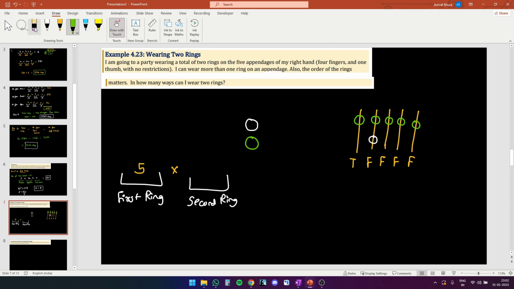Or can I say that this can be interchanged, right? White can be on the top and green can be after white, right? So can I say in total I will be having 6 choices, 1, 2, 3, 4, 5 and 6. So 5 times 6 is going to be 30 ways. So it's not going to be 5 times 5, it is going to be 5 times 6, which makes the answer 30 ways.